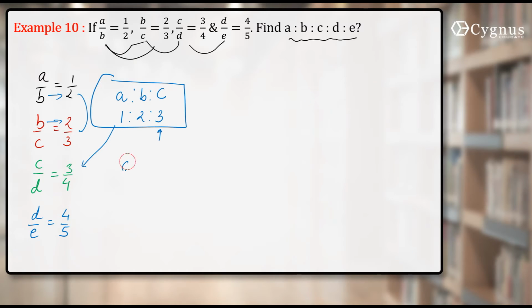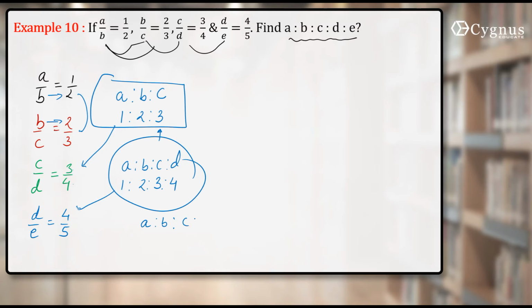So now I can say that whenever the value of C is 3, B should be 2, A should be 1, and D should be 4. Now this information should be combined with the last one. What's the value of D here? It's 4. Here it is also 4. So directly I can say the answer for A, B, C, D, E will be 1 is to 2 is to 3 is to 4 is to 5. Now, this was easy because every time the values of these variables were the same. Yes or no?